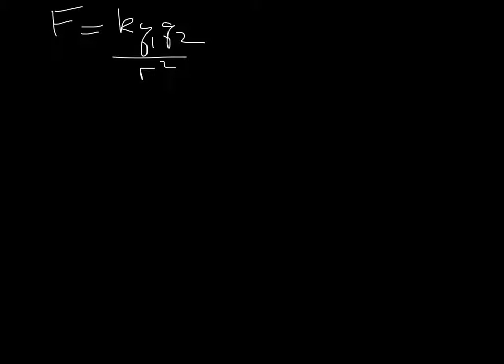And one other thing is K is very often written in a different way. It's written as 1 over 4 pi epsilon naught. You're going to see it written like that very often. And this epsilon naught right here is what we call the permittivity of free space.